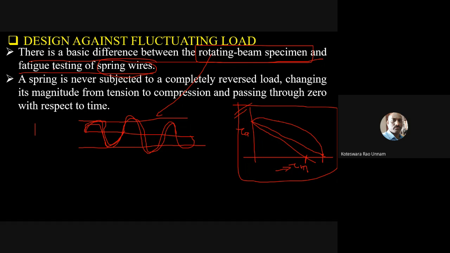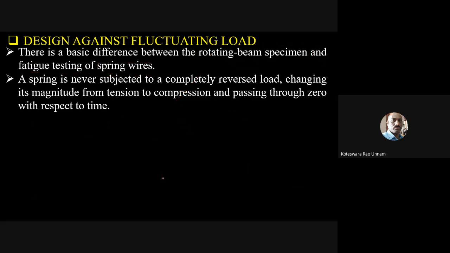Therefore, I cannot use the criteria I follow for the rotating beam specimen. That means these equations are not valid in this case, so we need to further modify these values. To do that, we again look at the experimental data available in the literature, as stated in this statement also.